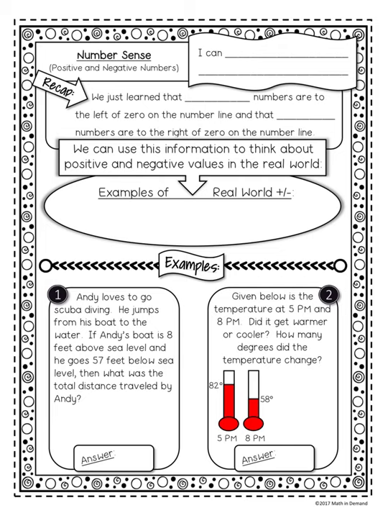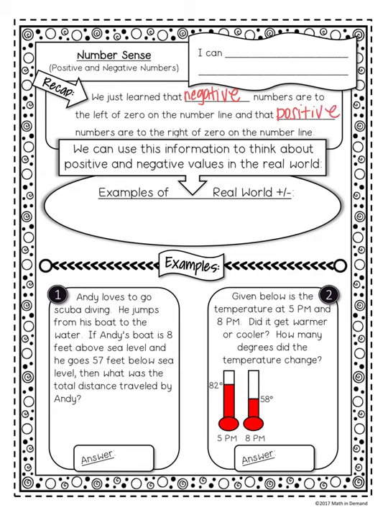Let's keep going and just review a little bit more about negative numbers. We learned that negative numbers are to the left of 0 on the number line, and that positive numbers are to the right of 0 on the number line.